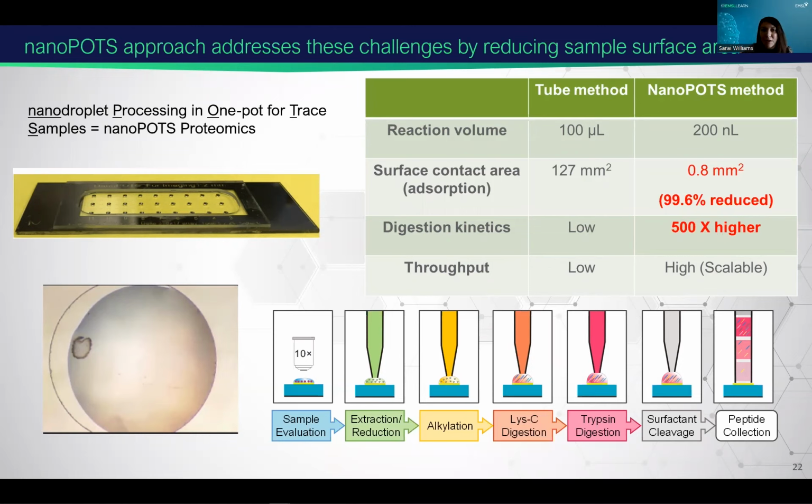Second, the surface contact area has been reduced by 99.6%, making reactions much more sensitive. This also increases our digestion kinetics up to 500 times. And because this is an automated system, our sample prep is very sensitive, very robust, and higher throughput.